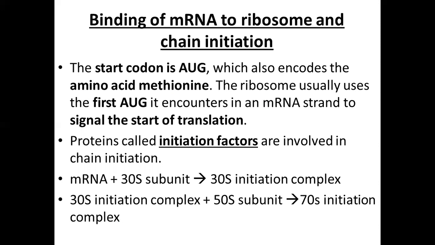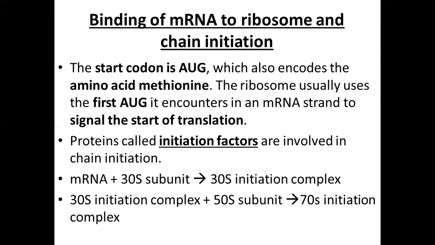So what happens during this process of initiation and binding of messenger RNA to the ribosome? You have the messenger RNA, which is going to bind to the small subunit. In prokaryotes, it's the 30S subunit.